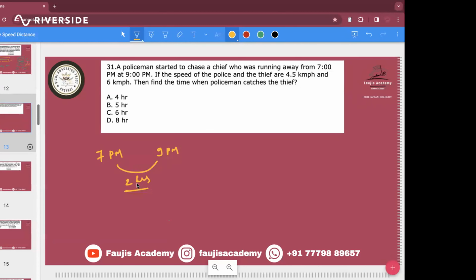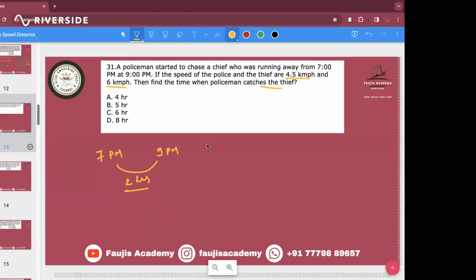If the speed of the police and the thief are 4.5 kmph and 6 kmph, then find the time when the policeman catches the thief.